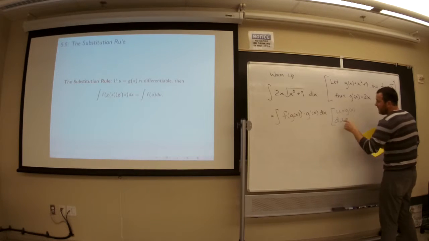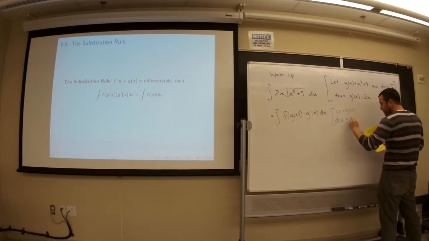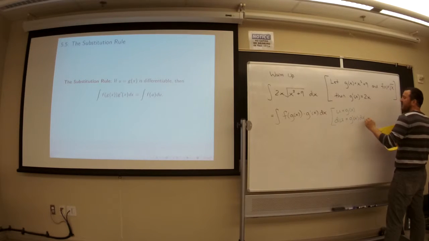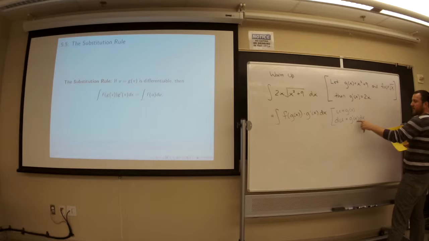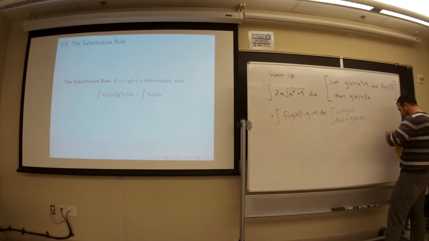So taking the derivative of u will give us du, and then taking the derivative of g of x will be the same thing as g prime of x, and then we write dx like we're doing the chain rule on x inside of here, and that's just to make sure that the substitution works out correctly.